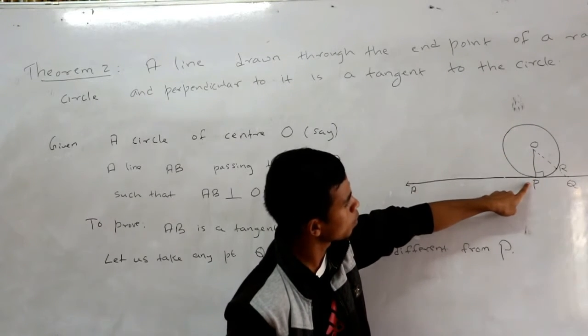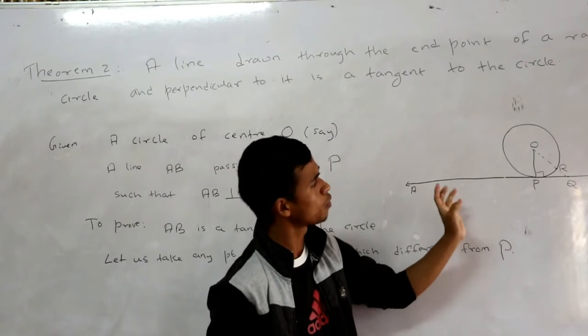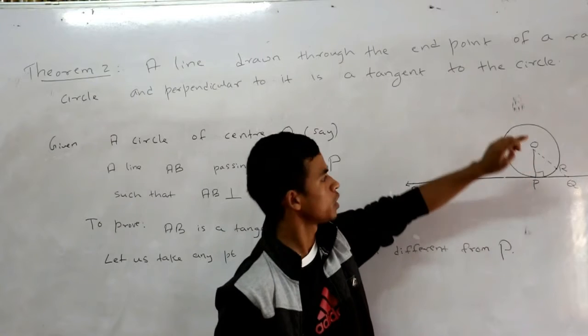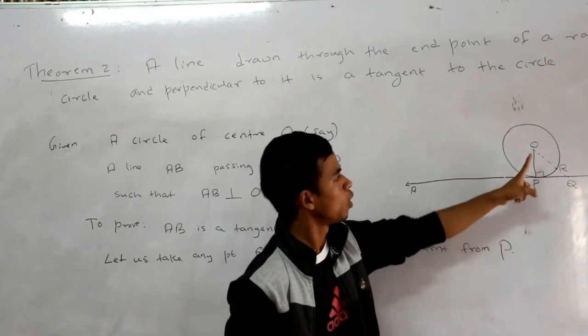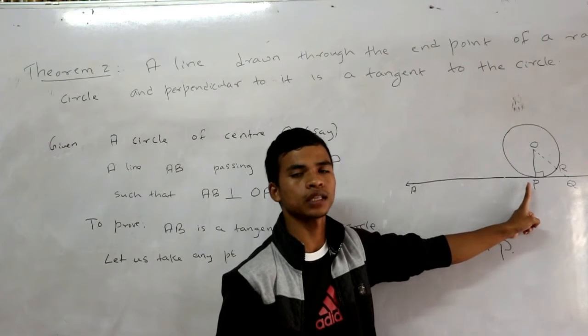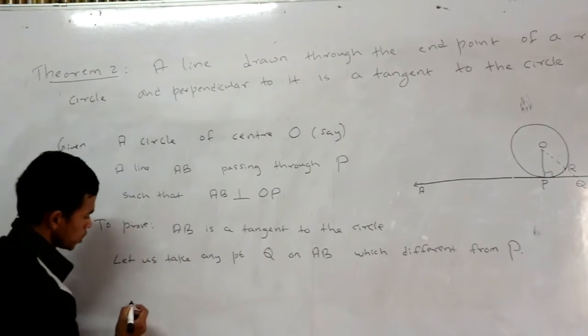So now again we will use what we have done for the previous theorem, as this line OP is perpendicular to this line. So of all the line segments joining O to any point on AB, OP will be the shortest line segment. So that's what we are going to use here.